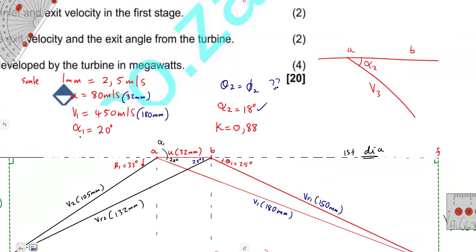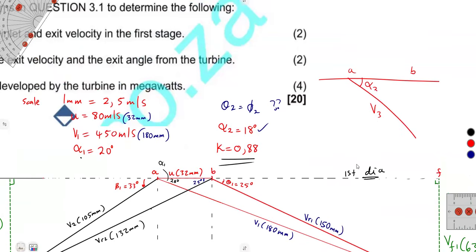Remember, V3 can be calculated as we have got the coefficient of friction. Our V3 is K times V2. You're going to calculate that from the given information. So calculating our V3, that's 0.88 times our V2, which is 105.